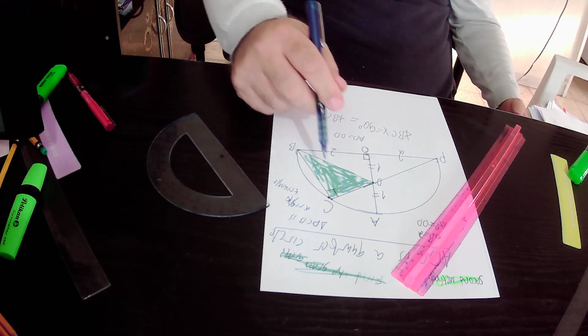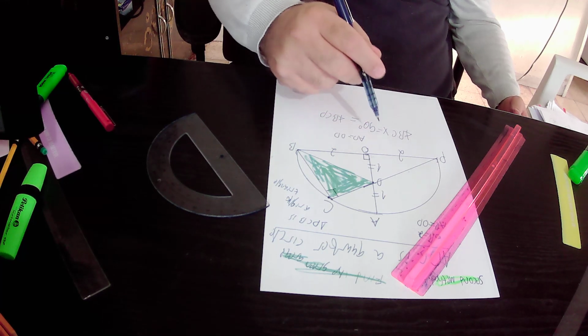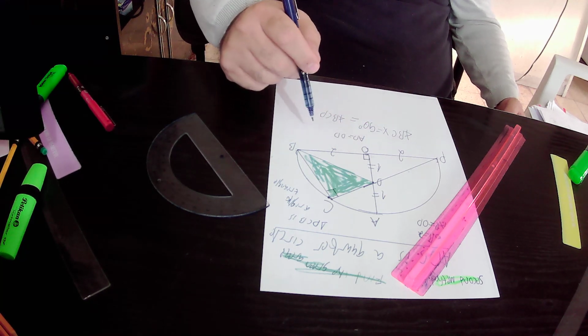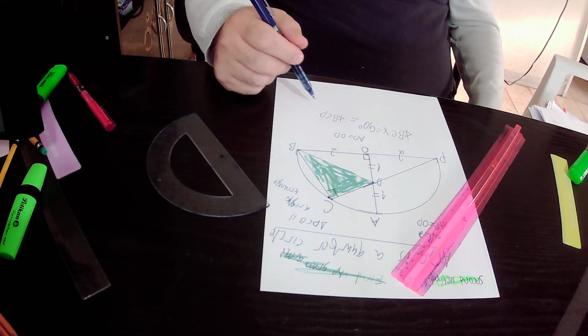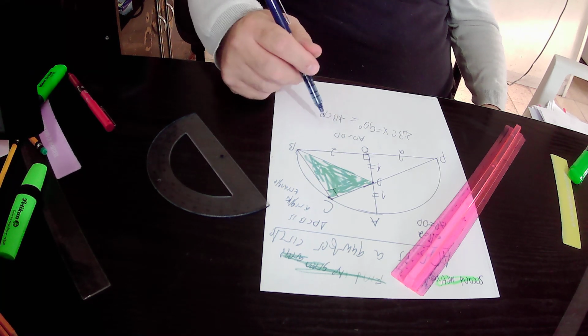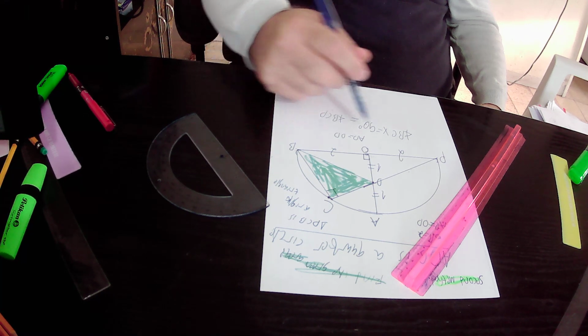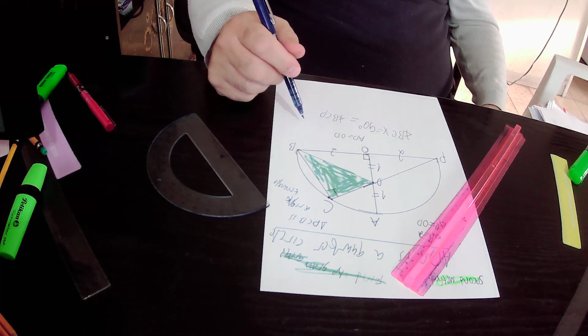Therefore, peripheral angle BCX must pass through point P. That is to say, peripheral angle BCX equals peripheral angle BCP. In this way, we verify that the peripheral angle BCX equals peripheral angle BCP, that is rest on the diameter of the circle.